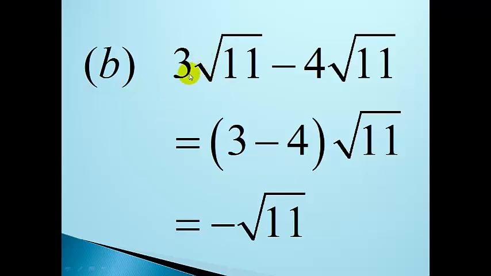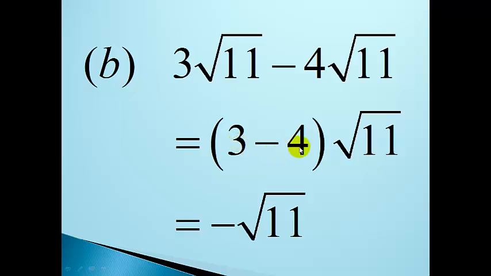Now B. 3 root 11 minus 4 root 11. Here we can also see that they carry the same surd. Root 11 here, we have root 11 here. And so we can subtract the coefficients. And the coefficients are 3 and 4. Now because we are subtracting, this means that we are going to have 3 minus 4 root 11.